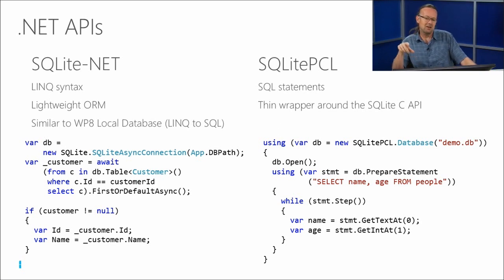But recently a new one has come along called SQLite PCL, which is run by a group in Microsoft called MS OpenTech, who take third-party packages and get them working, and they do great work. They brought out SQLite PCL, which does the same thing, works with SQL statements, and in many ways is probably going to supersede the SQLite WinRT one that I've been supporting.